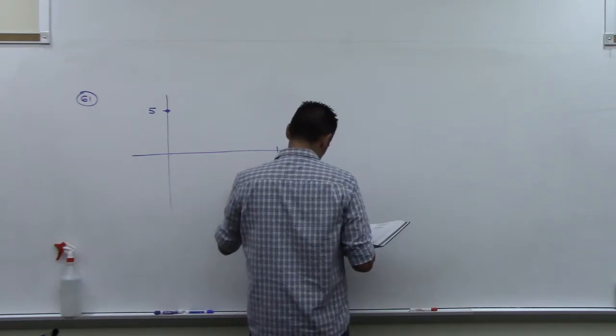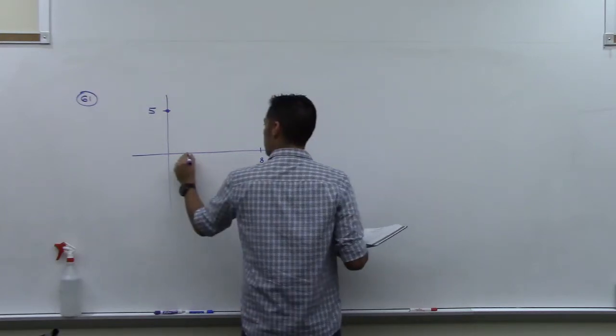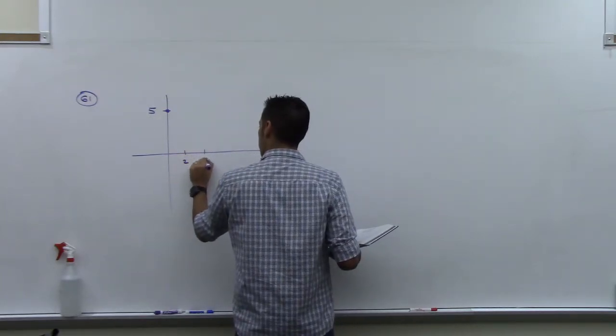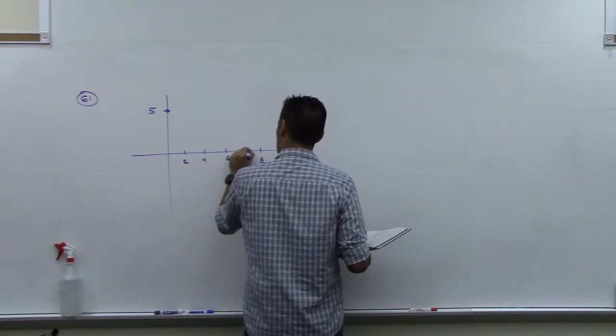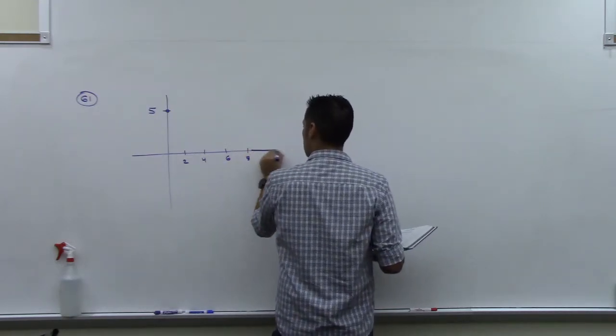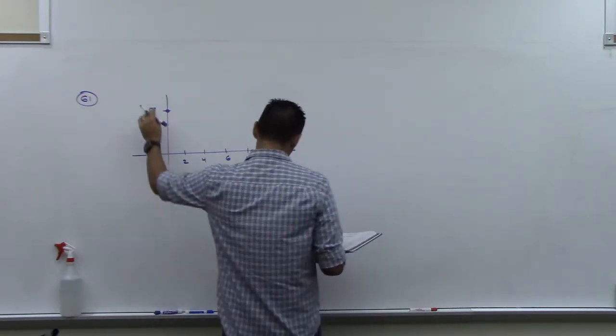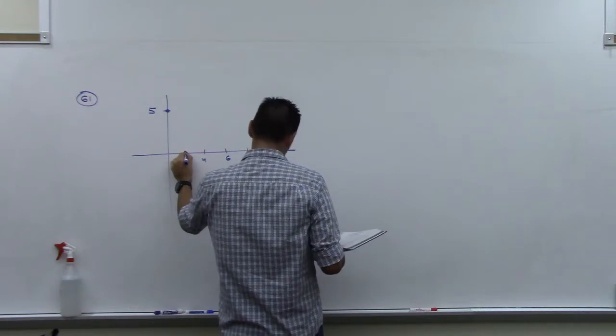Okay, yeah, I can see what's happening here. Here's 8. Here's 2. Here's 4. Here's 6. Here's 8. Let me redraw this. And then here's 10. So at 0, we're up here. At 2, we're here.